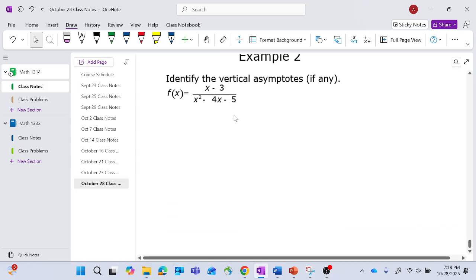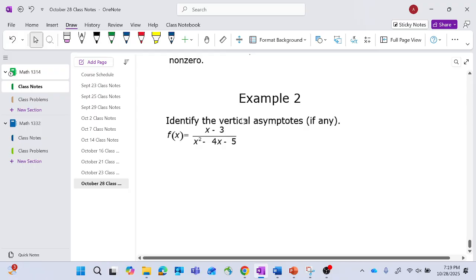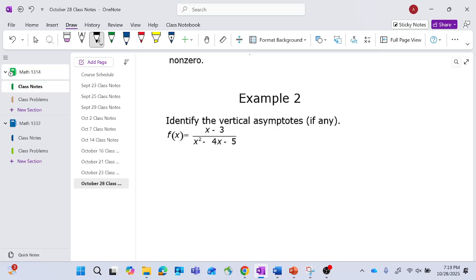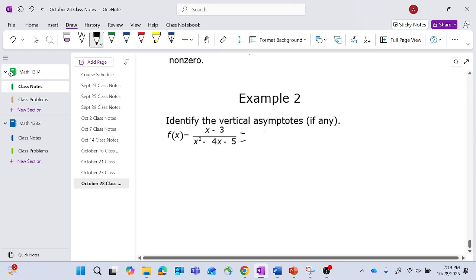So in this rational function, I have x minus 3 all divided by x squared minus 4x minus 5. To figure out the vertical asymptotes, that's what's happening at the bottom, so I'm going to factor this out. The top doesn't factor, that stays x minus 3.